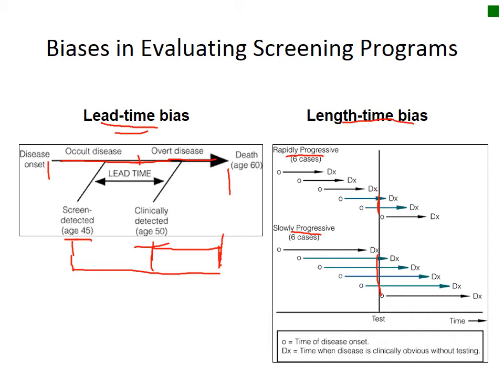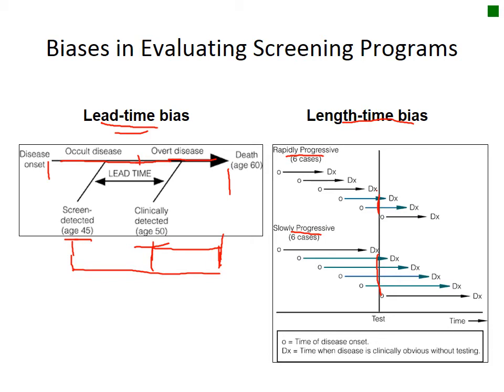So length time bias, this is a criteria where you want to be cognizant about the natural history of the disease. If you know that you're going to have slowly progressing disease, the prevalence of disease detected might be greater, whereas with a rapidly progressing disease, I should say the incidence, right?